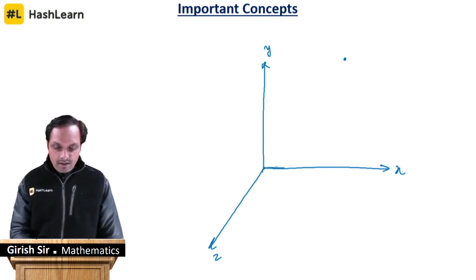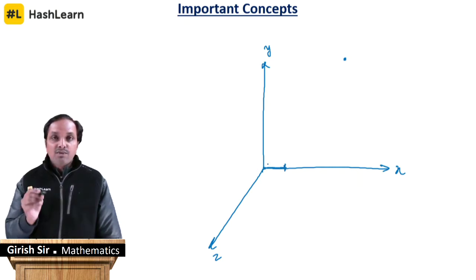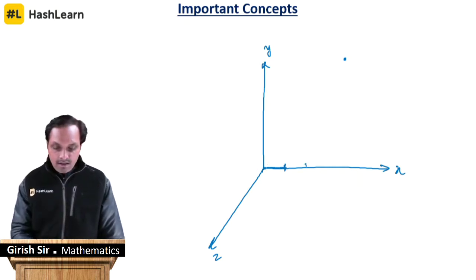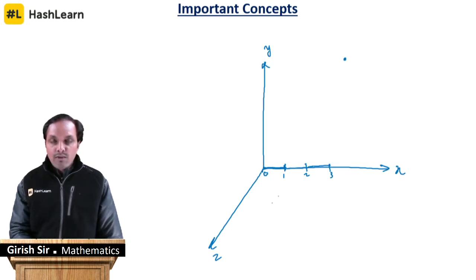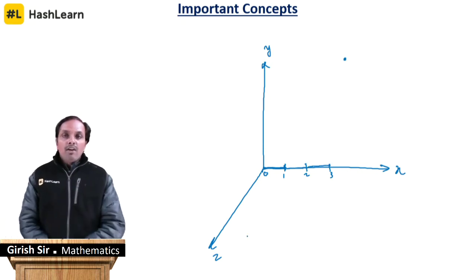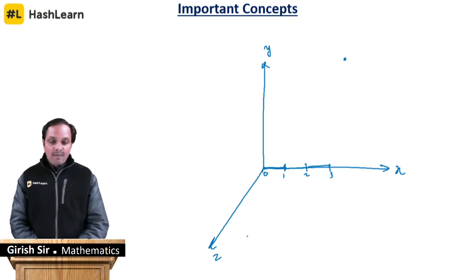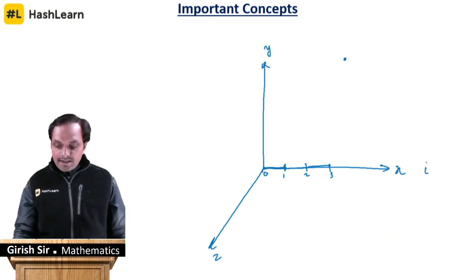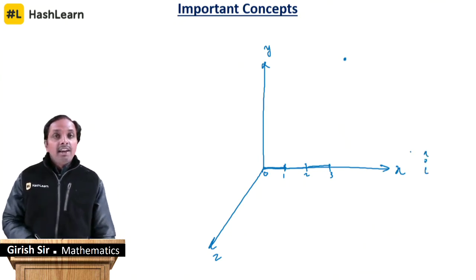We take one distance of just 1 unit. It can be 1, 2, 3; between the origin and this point is 1 unit, and this is again 1 unit, and this is again 1 unit. We call that length 1 unit, and we define a vector called i cap, which is in the x direction.